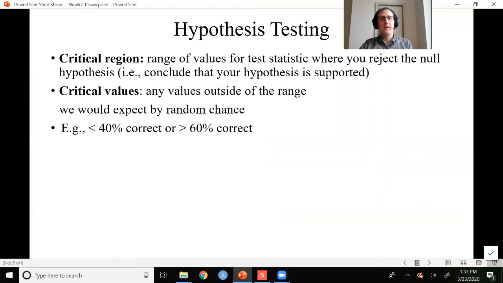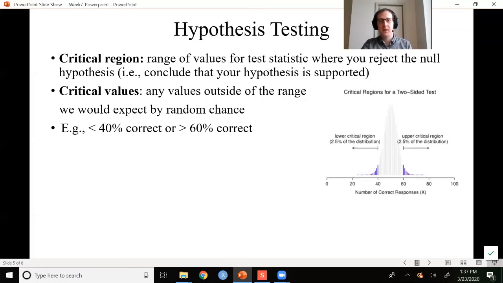So with this, you have critical values, and that's when you have any values outside the range that you would expect by random chance. So again, with that binomial distribution, where you have 100 guesses, and it's a 50-50 chance each time, if you are using an alpha of 0.05, that means the 5% least probable outcomes.